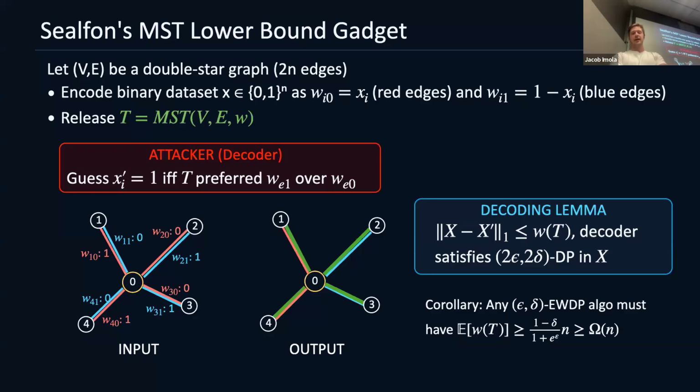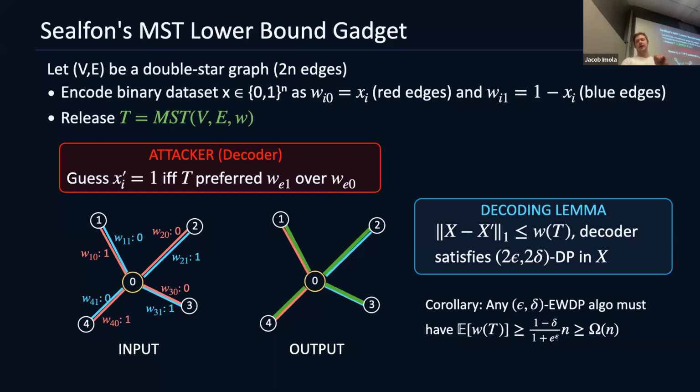So a corollary of this is that any edge weight differential privacy algorithm, like the minimum spanning tree one, has to have error that is at least this constant that we saw from the reconstruction attack, (1 minus delta) over (1 plus e to the epsilon) times n. For constant epsilon and delta, this is linear. So we've just shown that there's a linear lower bound.